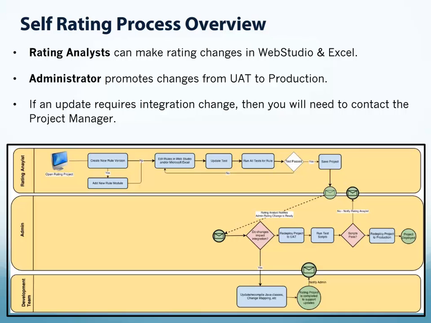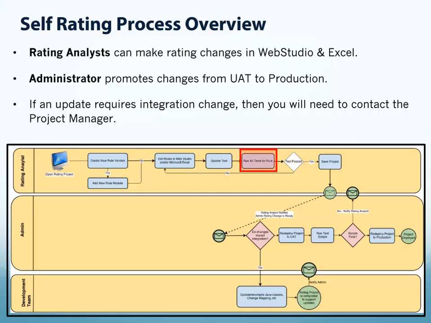So after they figure out which method they're going to use, they're then going to edit that rule in either WebStudio or Microsoft Excel. Then they are going to update any testing data that they have, because they need to have a set of testing data to make sure that the changes that they've made to the rules are as expected.